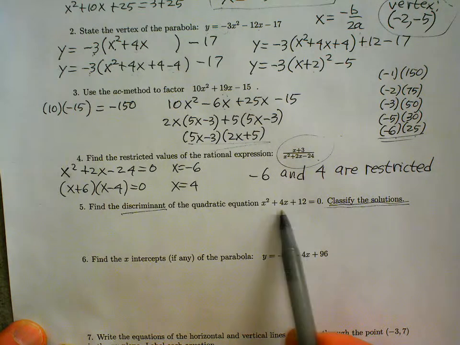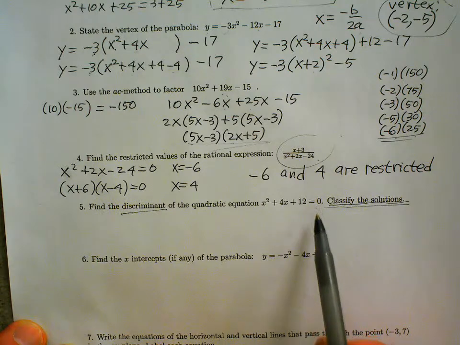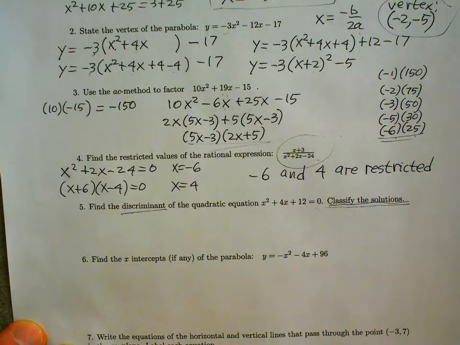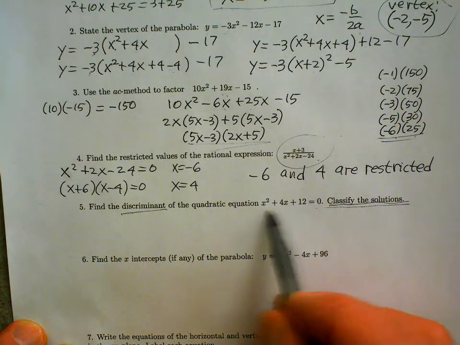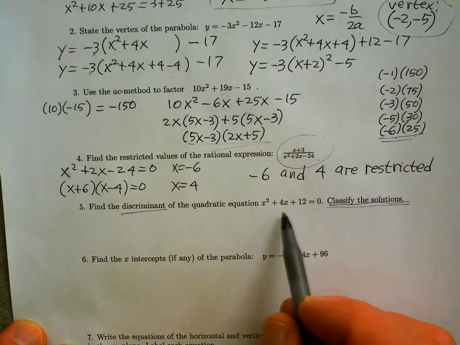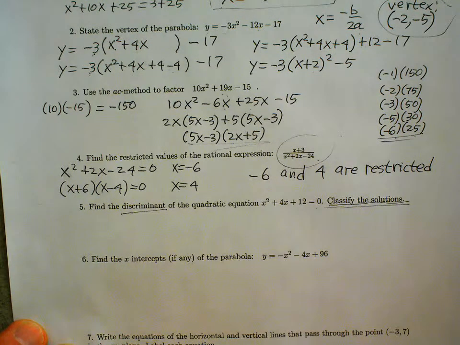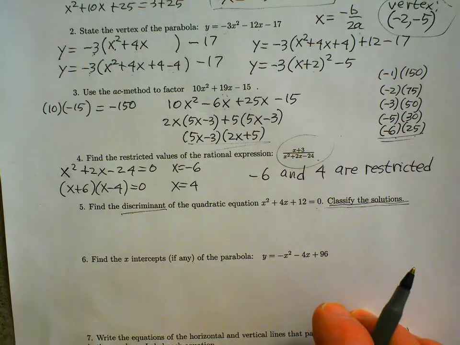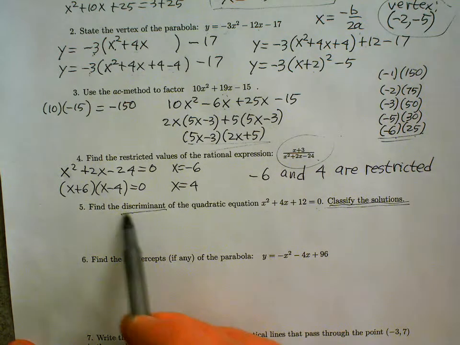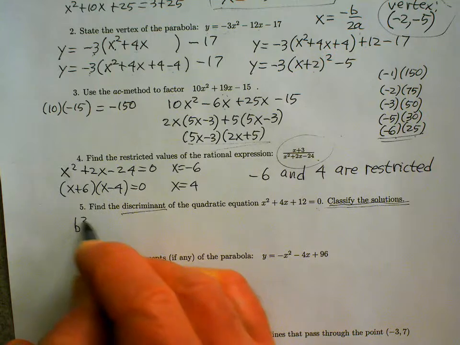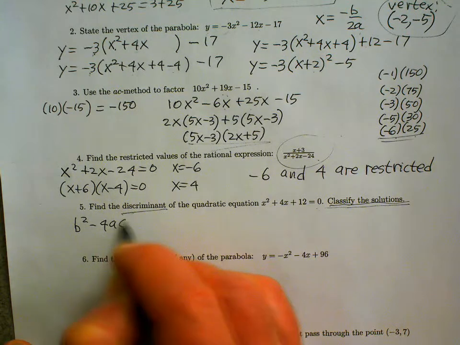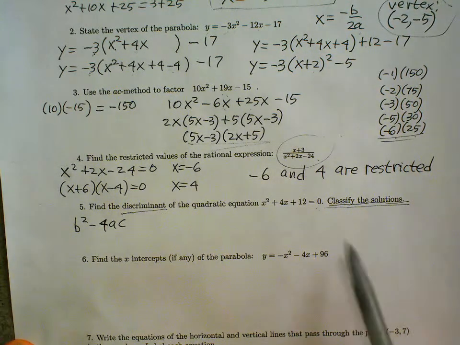So the three possibilities for solutions are 2 distinct real solutions or 1 repeated real solution. And then the third possibility is 2 distinct non-real solutions. And the discriminant, b to the second minus 4ac, enables us to determine what sort of solutions we have.